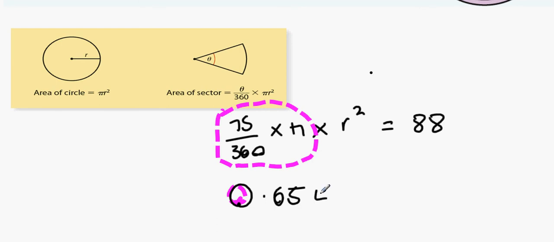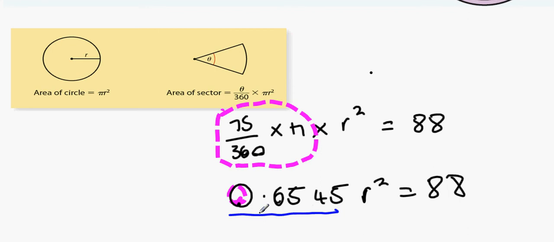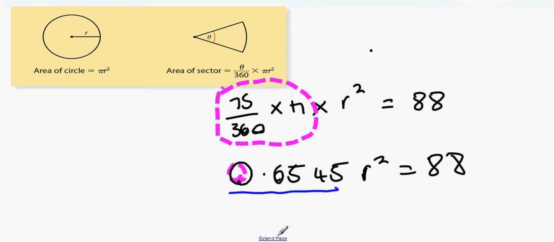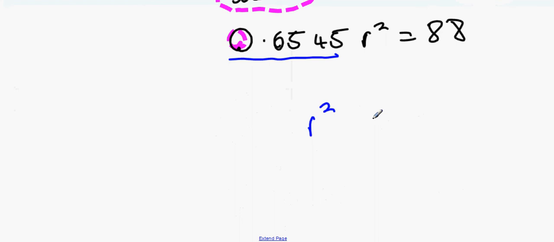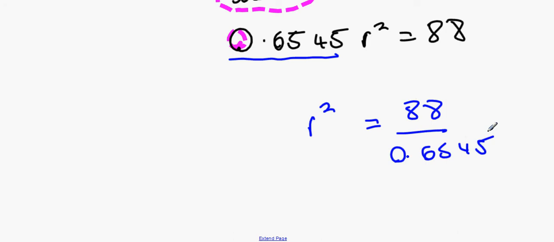Now we want to get the r squared on its own. So this part here, the 0.6545, is multiplied on the left, which means it will be divided on the right. So 88 divided by 0.6545, and what we get here is r squared equals 134.4538.